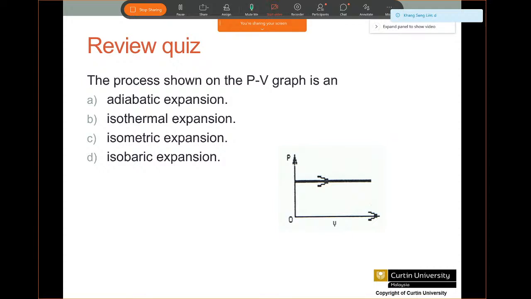Okay, correct. So it will be isobaric expansion, because your pressure is constant. Volume increases means it is expansion.